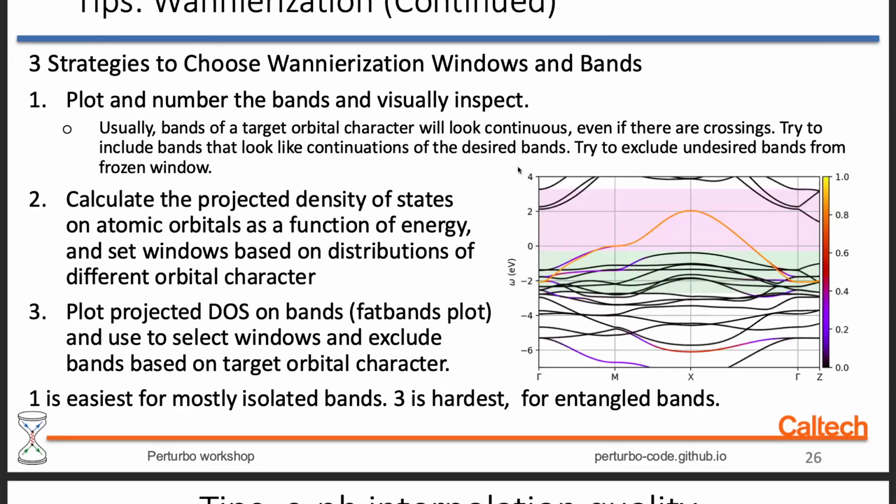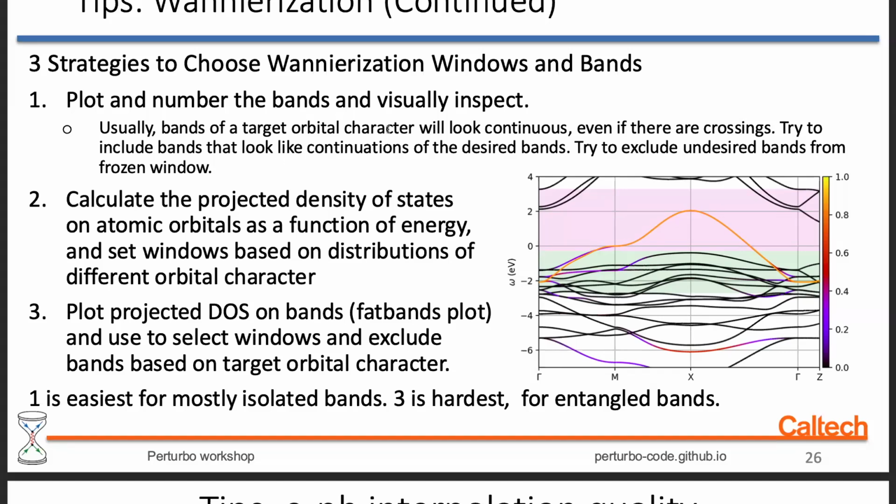And then some continued tips for how to actually choose the window. I would say there's 3 strategies in increasing complexity, depending on how tricky your system is. One that works for simpler cases, where the bands you're trying to Wannierize are pretty well separated from the other bands, would be to plot bands and color them by band number and visually inspect.